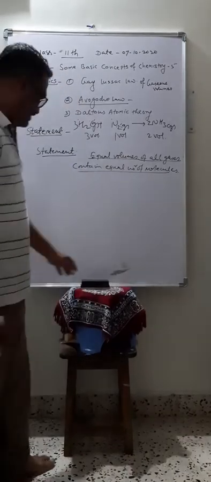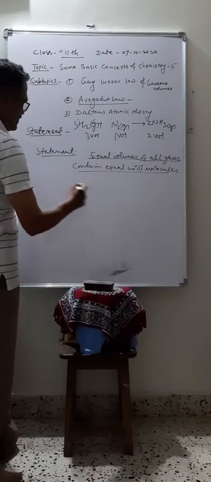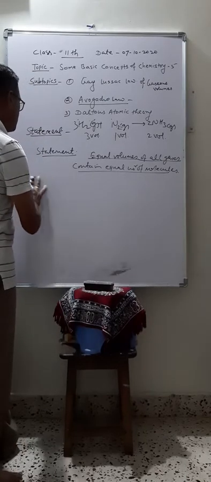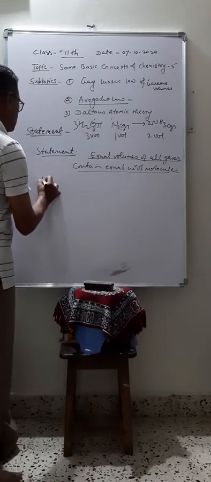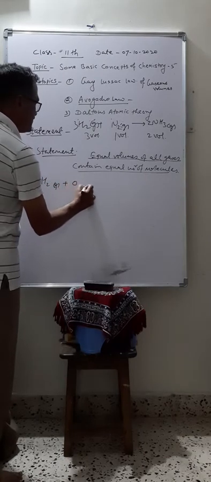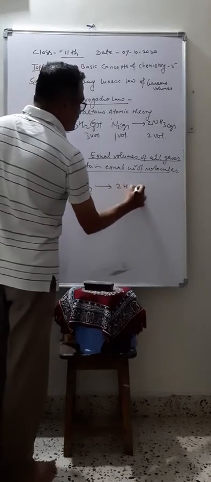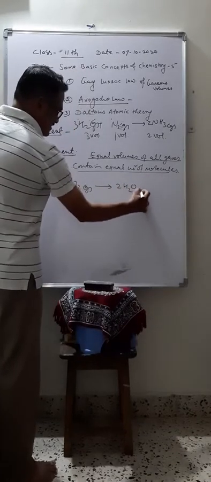Now we take an example to explain this statement. Again, the formation of water vapor, when hydrogen gas combines with oxygen gas to produce water vapor. You can write it like this: 2H2 + O2 gives 2H2O, water gas.